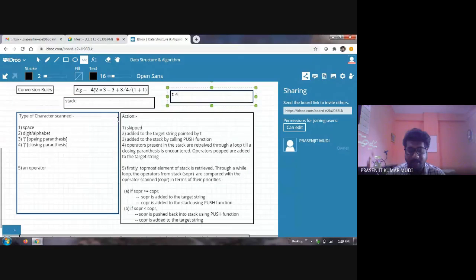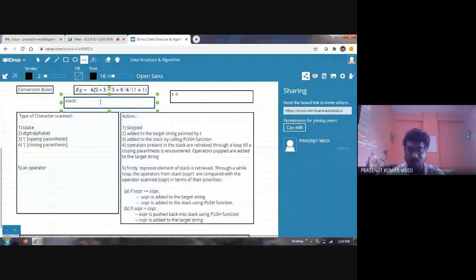So 4. Then the character scanned is an exponential operator, that means it's an operator. Earlier the stack is empty, nothing is there. So it's an operator, so firstly the topmost element of the stack is retrieved.